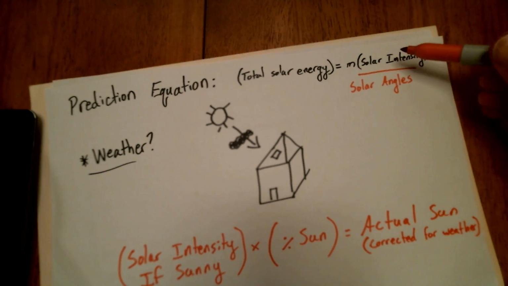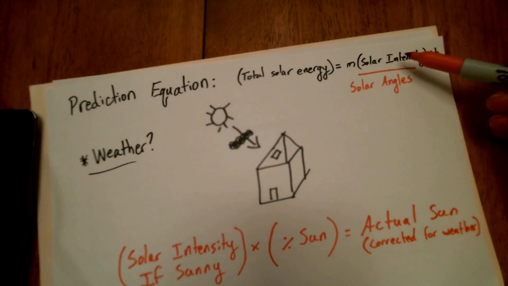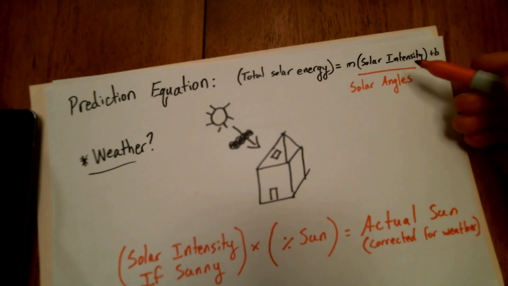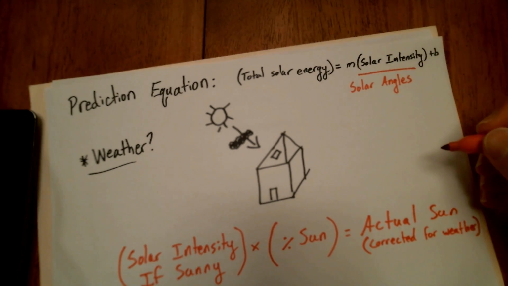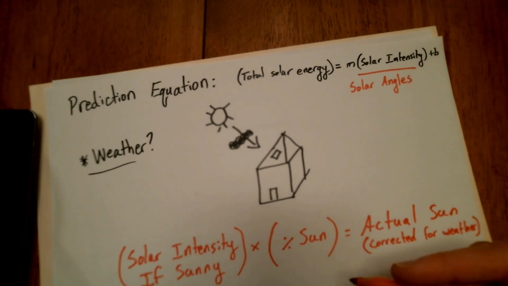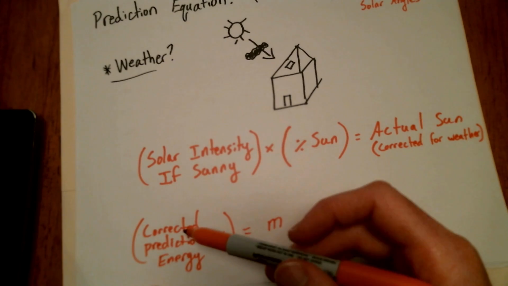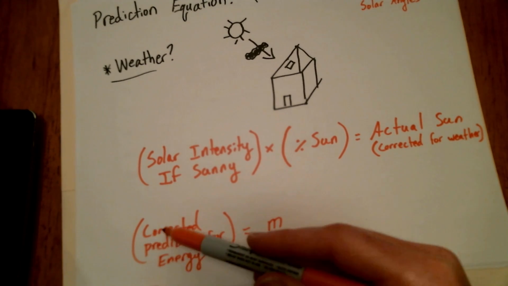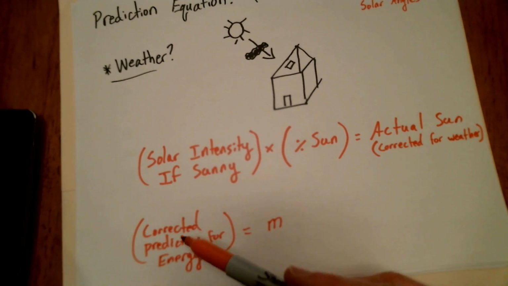We're going to use this exact same equation that you've been using. The only thing we're going to change is how much the solar intensity is, by using actual solar intensity instead of what we've been doing in the past. So what we'll actually be doing is calculating a corrected prediction for energy that's corrected for the weather.